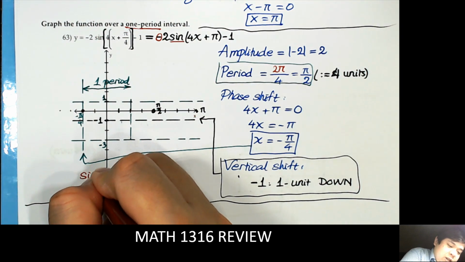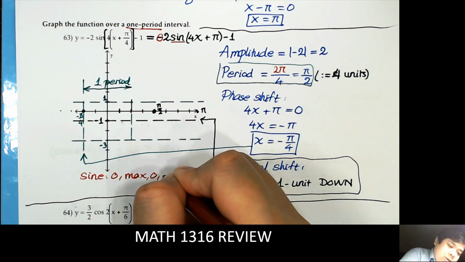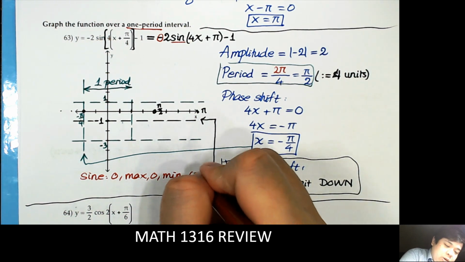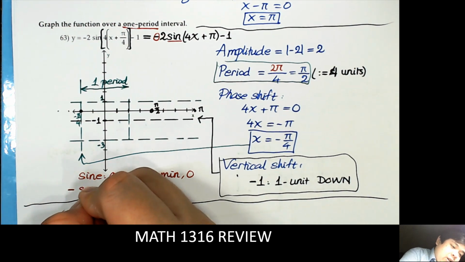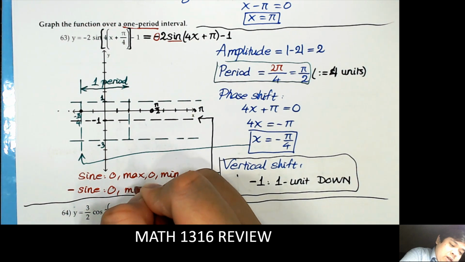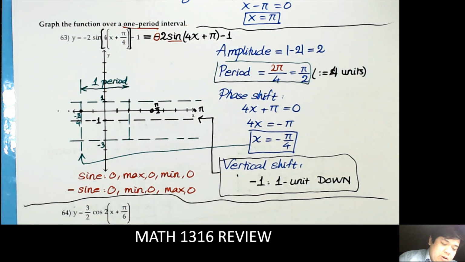Sine goes 0, max, 0, min, back to 0. Negative sine: 0 is still 0, max becomes min, min becomes max, and 0.